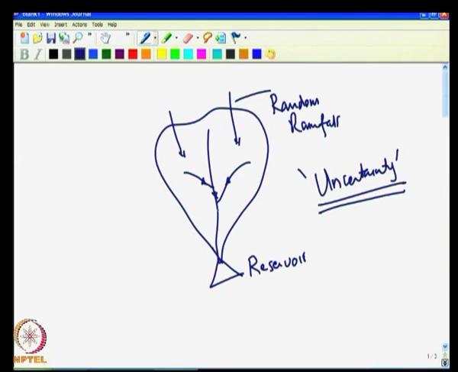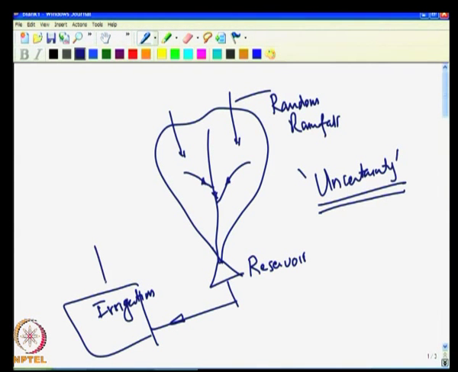Similarly, if you are looking at the evaporation at this point, or let us say you are taking the water and then you are applying for irrigation, this is the irrigation district or irrigation area. Now, in this there is evapotranspiration taking place. Now, evapotranspiration depends first on the temperature, which is a random variable, and then it depends on the soil moisture, which depends on the rainfall and so on.